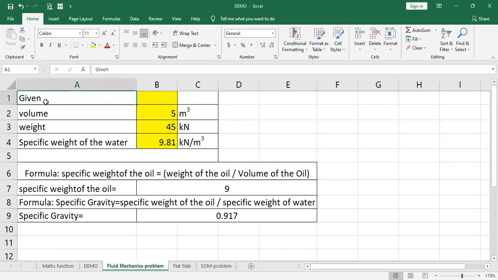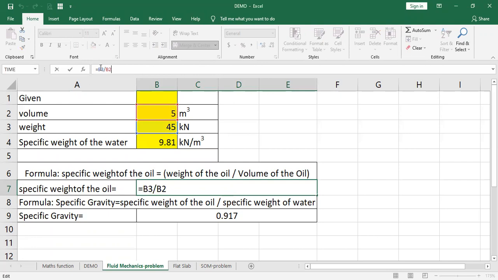Okay, so what we have done is we have converted a problem from fluid mechanics. For the given volume and weight data, we have to calculate specific weight as well as specific gravity. Suppose the volume of the oil is given as well as the weight of the oil.